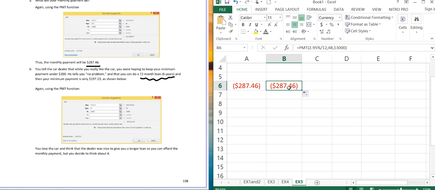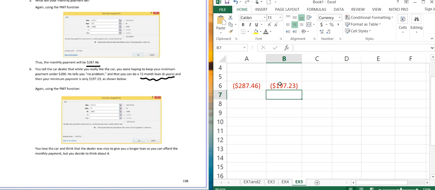We're assuming the same percent, although I'll be honest, sometimes when you get longer loans like that, they increase the percent a little bit. But this time, instead of 4 years, I'm going to do it in 6 years, which is 72 months. That's the only thing I'm going to change here.